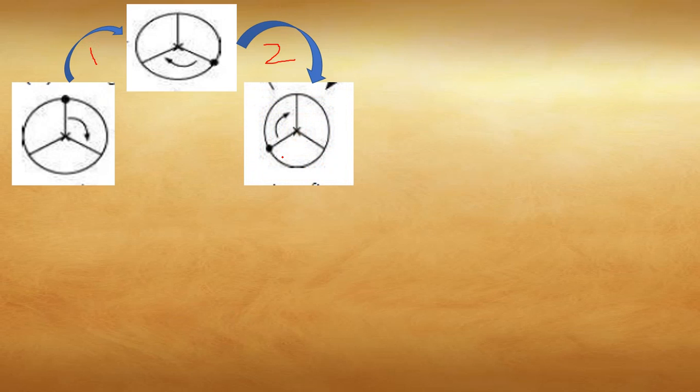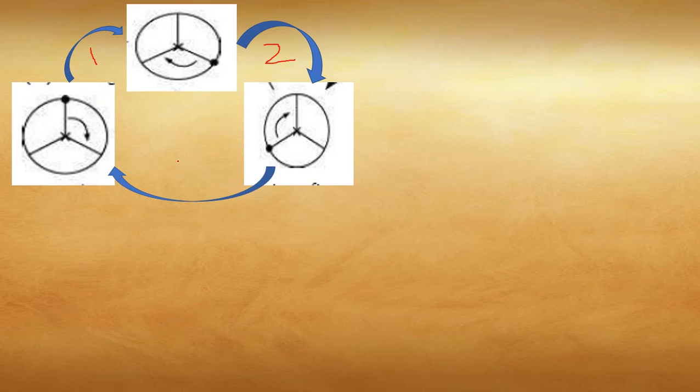That means when it rotates by 120 degrees, it looks like this, correct? This is the first rotation, this is the second rotation, and by the third rotation it goes back to its previous position.